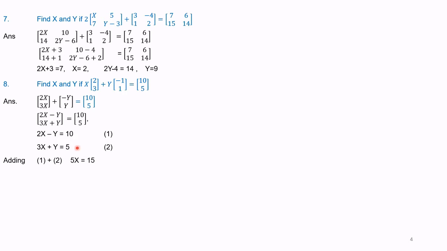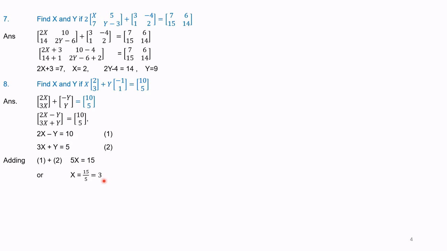Therefore, adding equations 1 and 2, we get 2x plus 3x is equal to 5x, equal to 10 plus 5, that is equal to 15. Hence, x will be equal to 15 by 5, that is equal to 3. We have found the value of x.